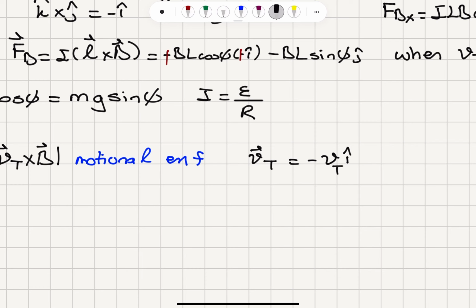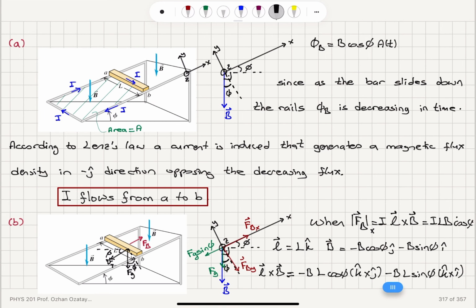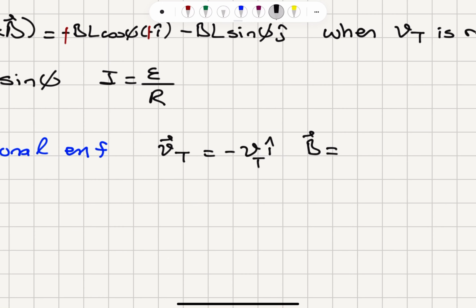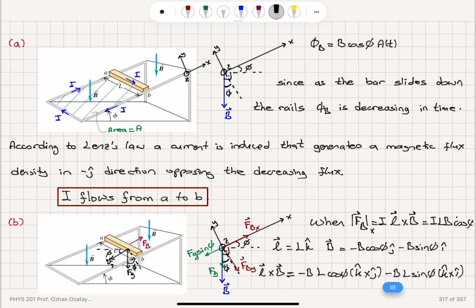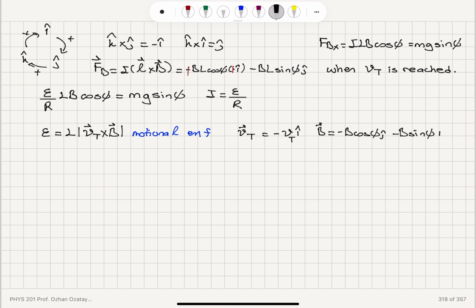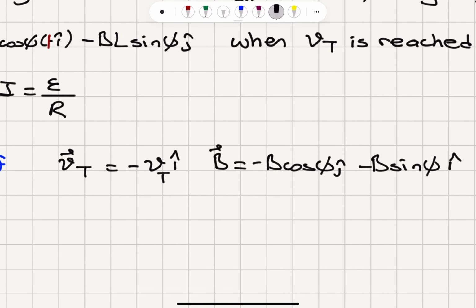But at the same time, the magnetic field B is, remember, minus B cosine phi j hat and minus B sine phi I hat. Okay, so what is V cross B then? I hat cross I hat is 0. So V cross B will give us I hat cross j hat, which is in k hat direction.